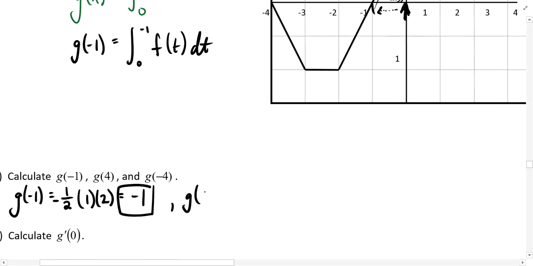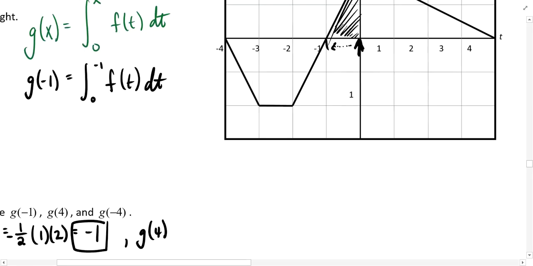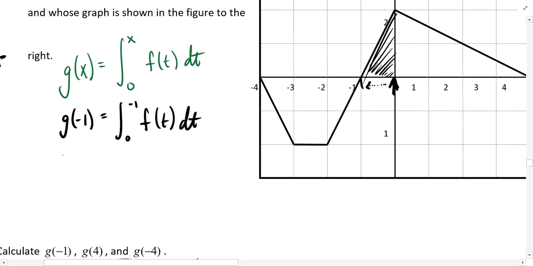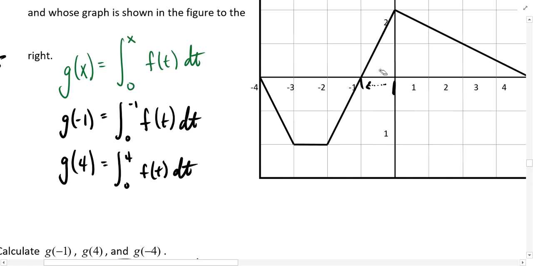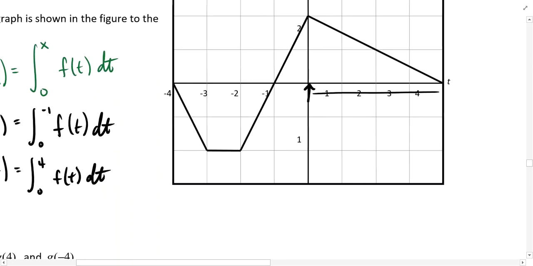For g of 4, now again, we're calculating g at 4, which would be the integral from 0 to 4 of f of t with respect to t. So we're not talking about this triangle anymore, but starting at 0 and traveling out to 4. And again, the labeling on this particular graph is poor.